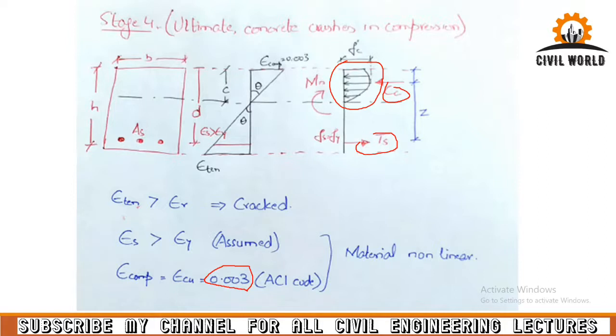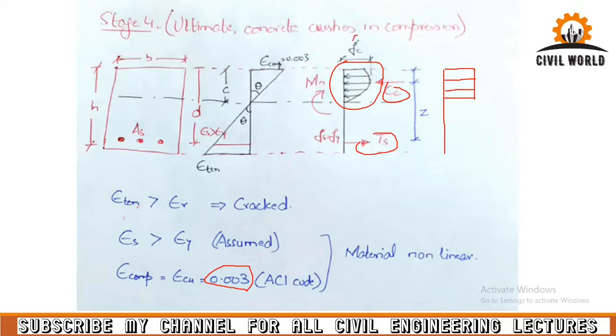And then we'll not be using this stress profile, which is quite complicated, because the distribution is parabolic. There is another distribution called Whitney stress distribution, or Whitney's rectangular stress distribution. This stress profile is converted into a rectangular distribution, like this one.